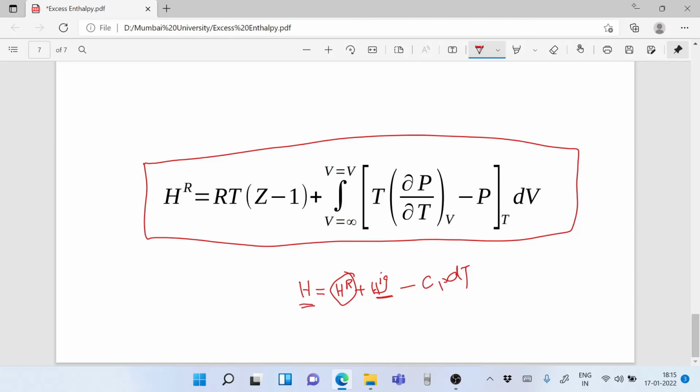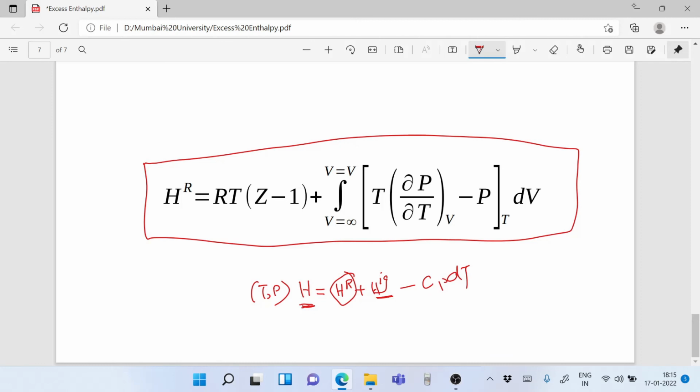So we can calculate the enthalpy of the real fluid at any temperature and pressure we want. Now, fluid models are given and they have to be put into this integral to solve it, right? So we shall look into it in problems that come in Mumbai University, and we'll try to solve them there. Now, this was all about how to derive the master equation.